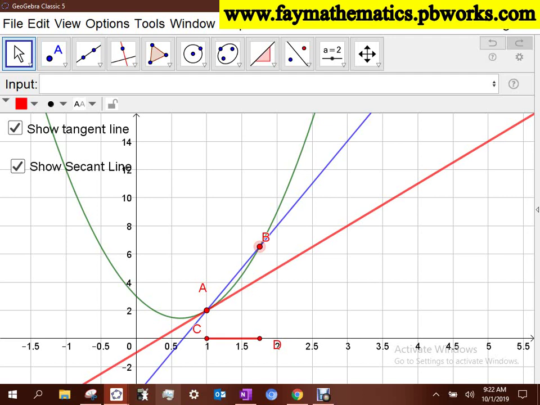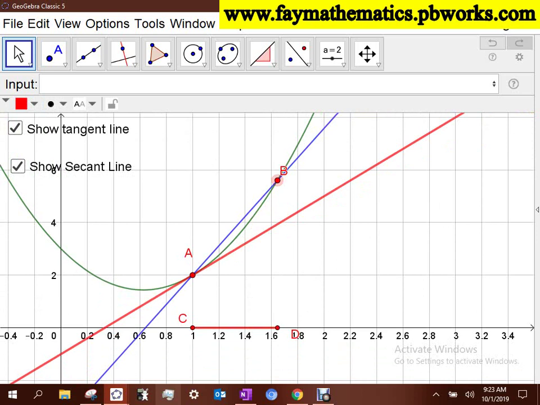Does that make sense? Okay. Now, eventually we want that distance to be very, very minimal, because when that distance is very, very small, the red line and the blue line almost overlap, right? Okay.